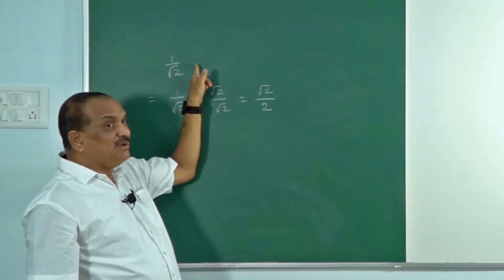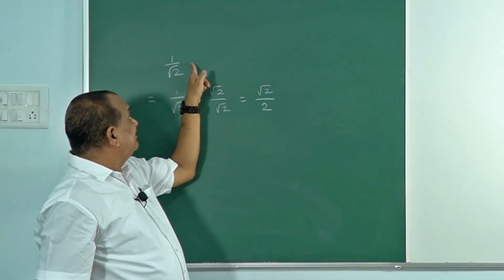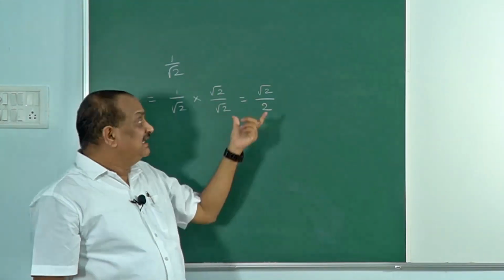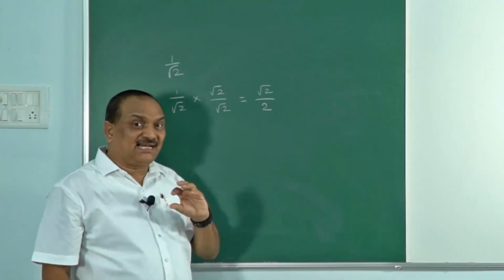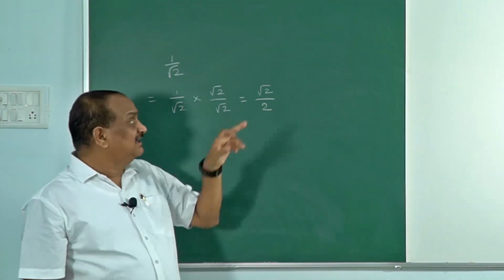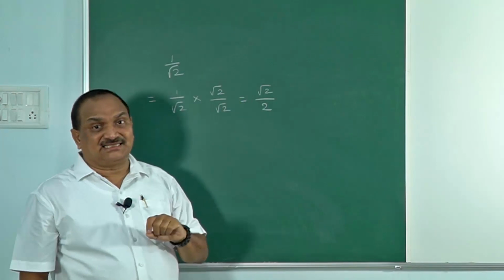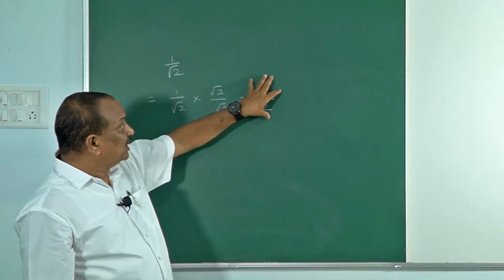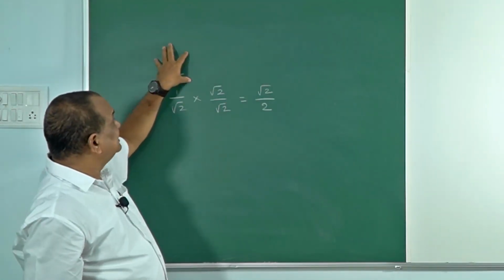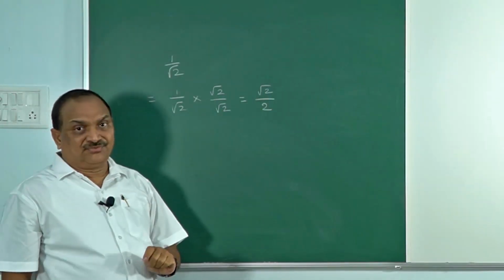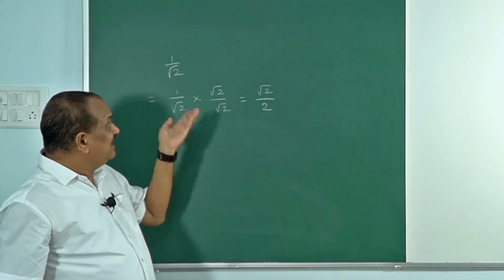The only change you have made is to convert it into this one. Here the denominator is rational, however the numerator is irrational, and therefore this also is irrational.